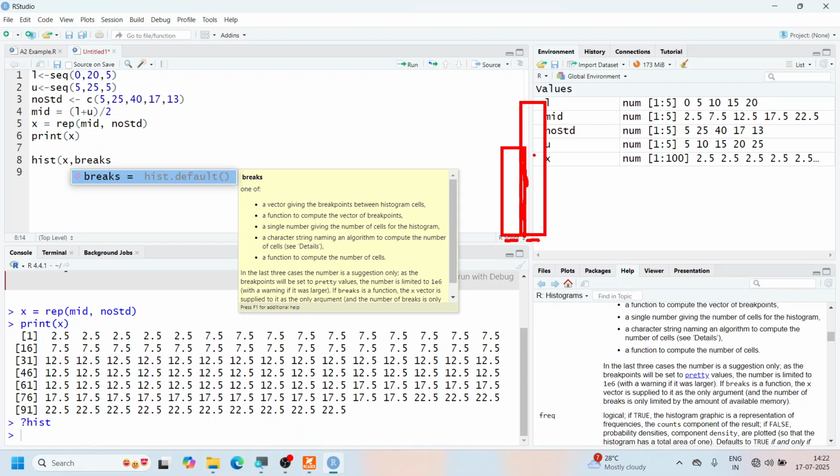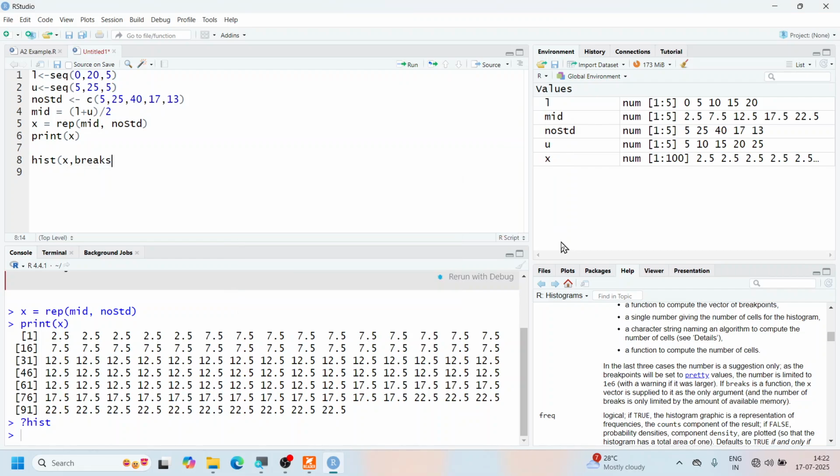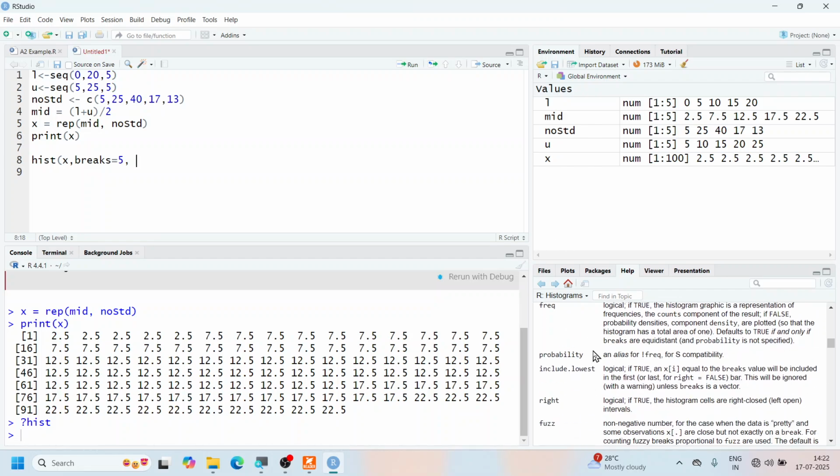This division is 5, the next division is also 5. So breaks is 5. I will not waste too much time. You can have the frequency and so on and so forth.